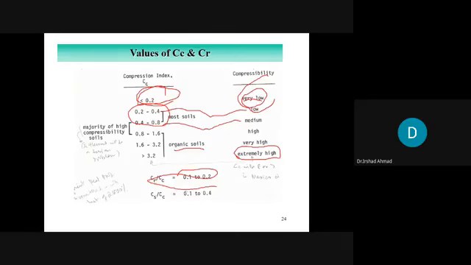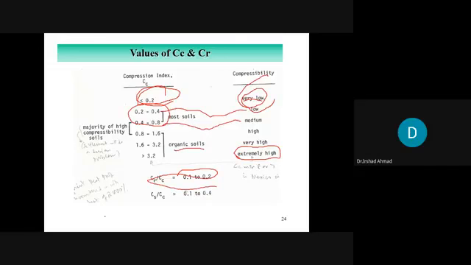Now you see that as the value of Cc is more, the soil is more compressible. It is because as the value of Cc is more, the slope, the inclination of the curve, would be a lot more. As the slope is more, the settlement would be a lot more.